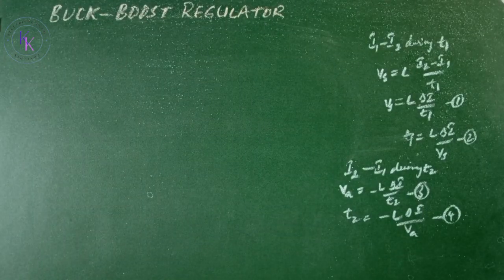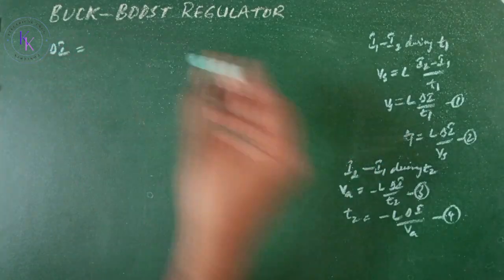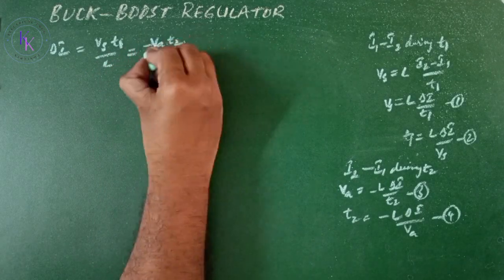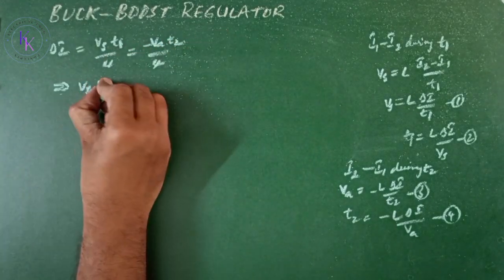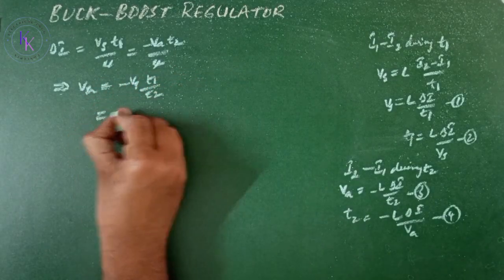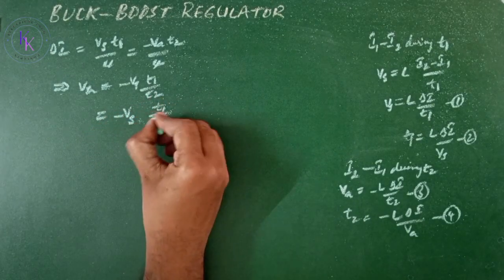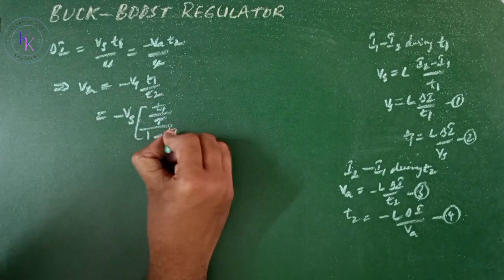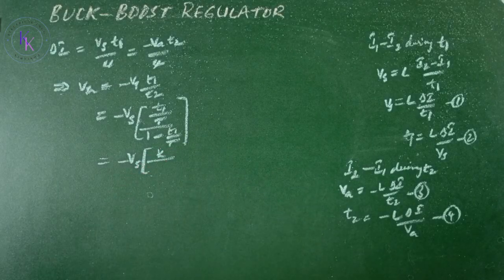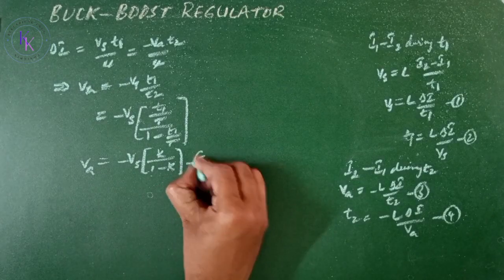Now, the peak to peak ripple current of the inductor L from 1 and 3: delta I equals Vs T1 divided by L, which equals minus VA T2 by L. From this, VA equals minus Vs T1 by T2. We can write this as T1 by capital T divided by 1 minus T1 by capital T. That is nothing but VA equals minus Vs K divided by 1 minus K. That is equation number 5.